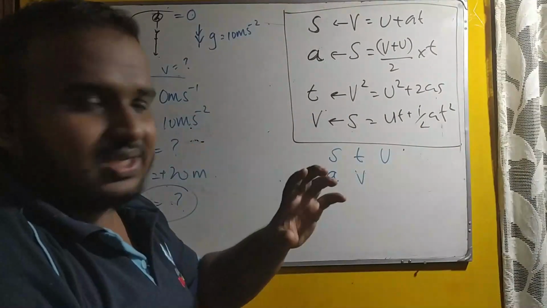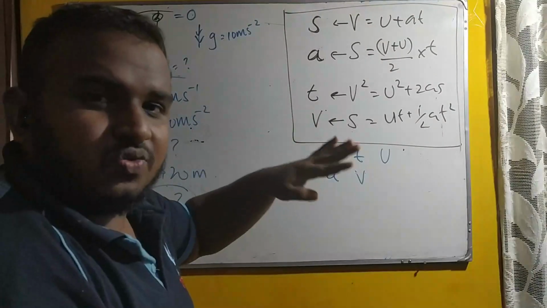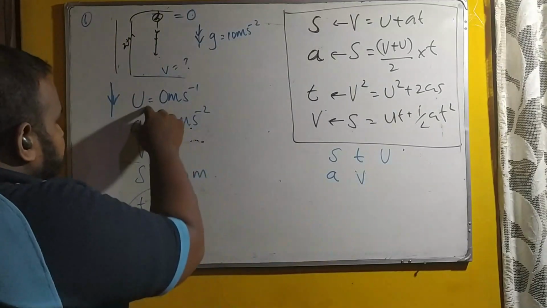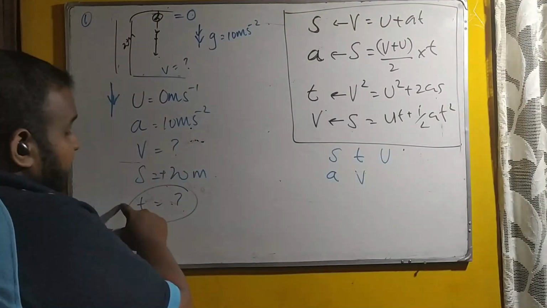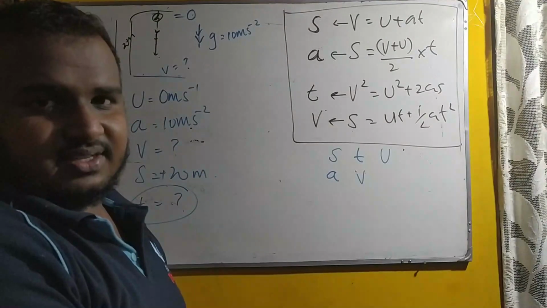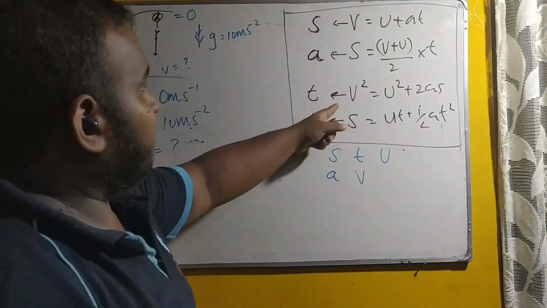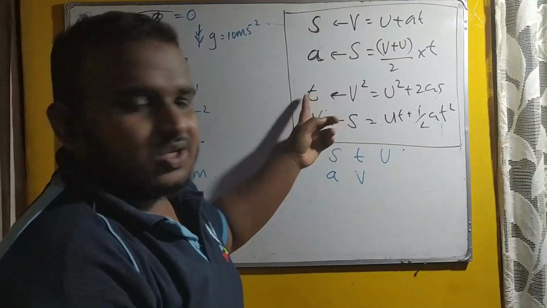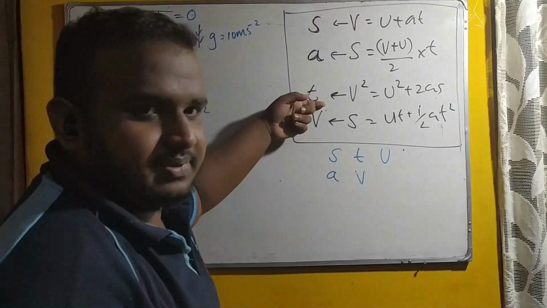How do we select the equation? It is very simple. We know there are four factors; consider which factor is neglected and match it. In the third equation, t is not present.